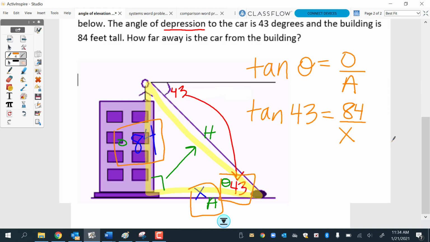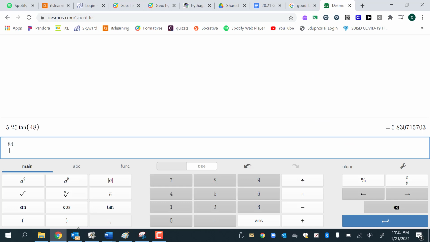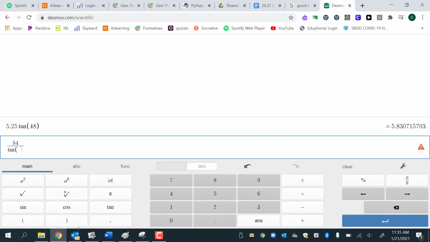over X. Where's my X? How do I solve this? The X is in the bottom, so I'm going to be dividing. So I'm switching places. So it's going to be 84 divided by tan 43. And we're going to type that in. 84 divided by tan 43.